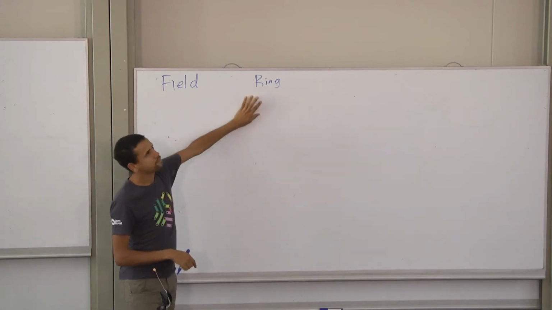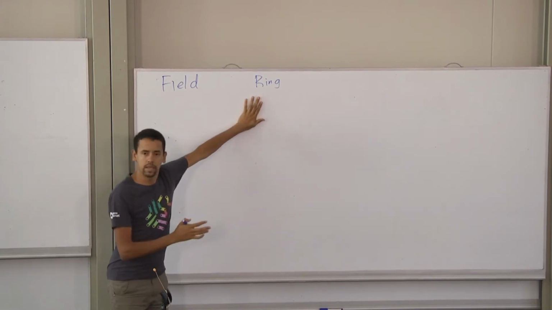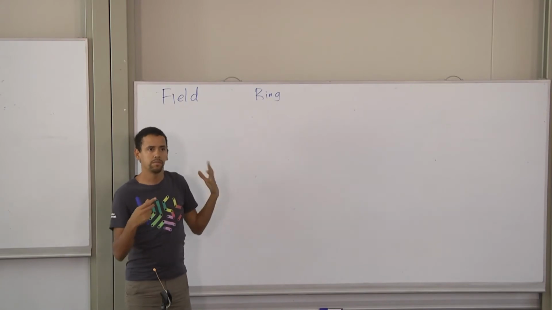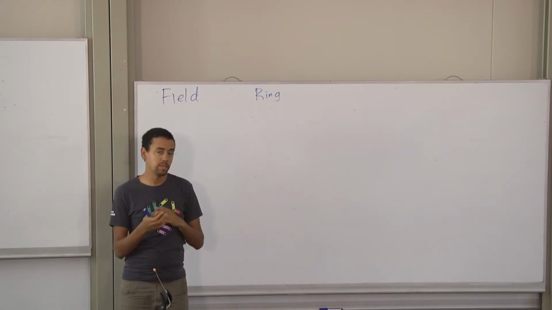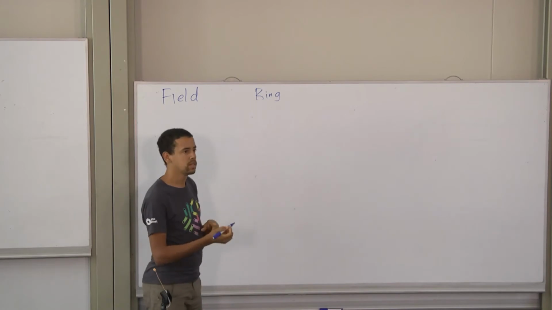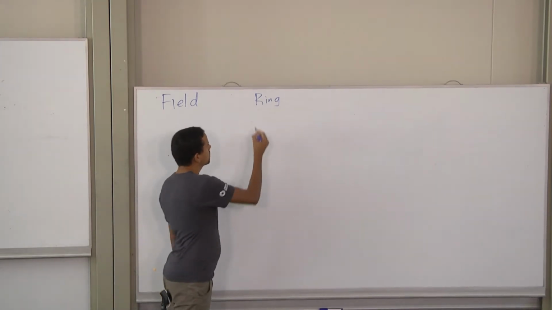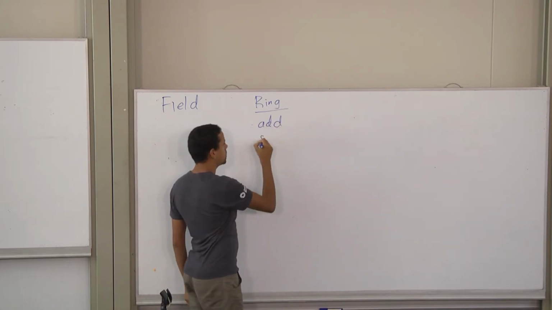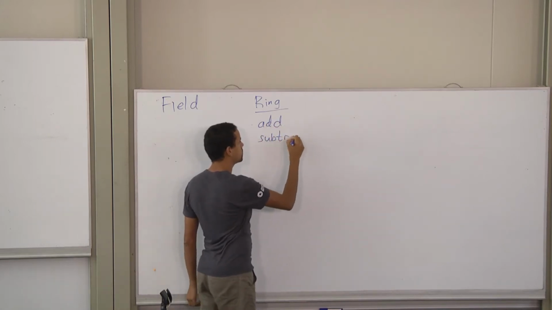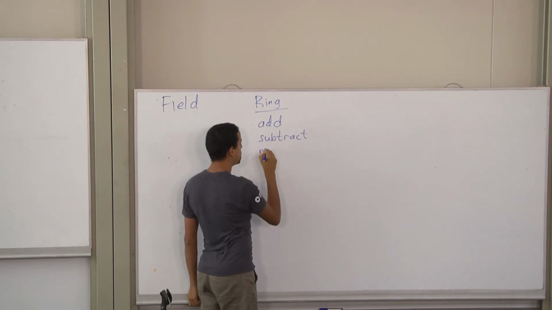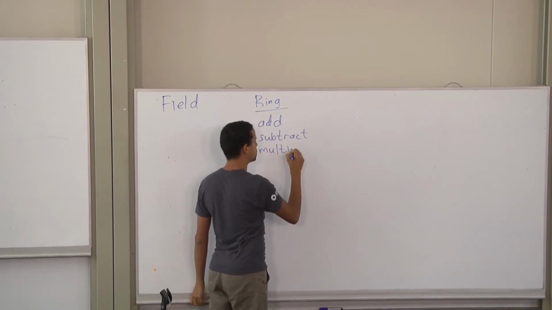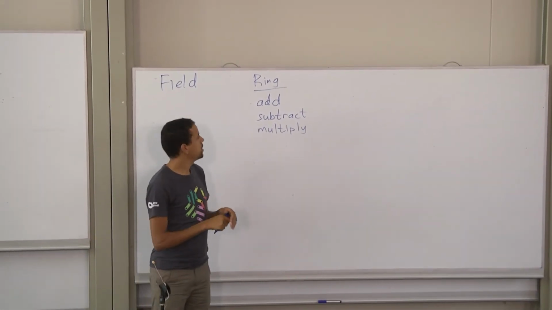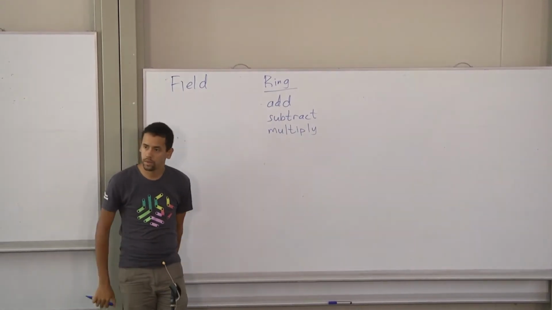So a ring, without going into the exact details, is basically a set of, you can think of numbers, but they can be more general objects. It's some sort of set where you can add things, subtract things, and multiply things. If you can do those things, then you've got a ring.